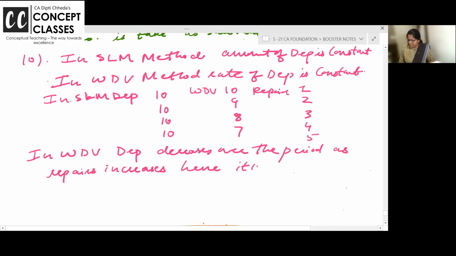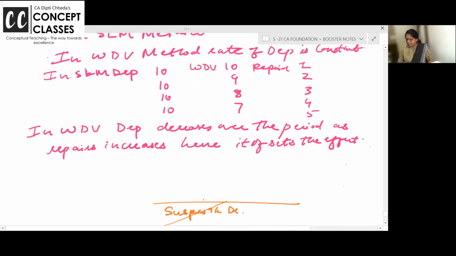Hence, it offsets the effect. Offsets the effect, or sets off the effect.